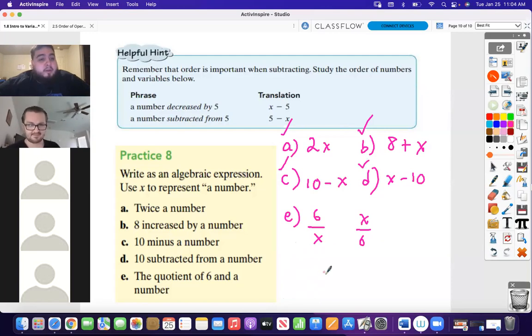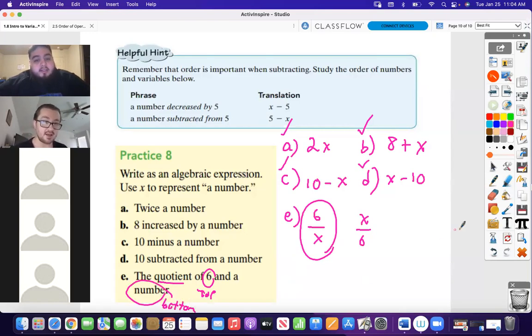Anyone agree or disagree with one of them over the other? I agree with the first one, 6 over x. Because remember, when you see the word quotient, the first thing is the top, and whatever is second is going to be the bottom part of the fraction. Okay, Justin? All right, good job.